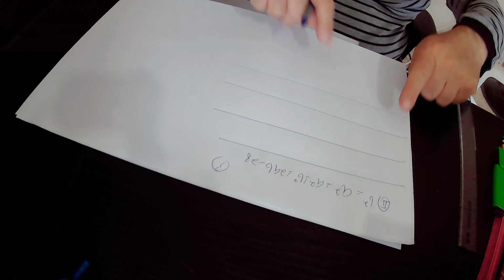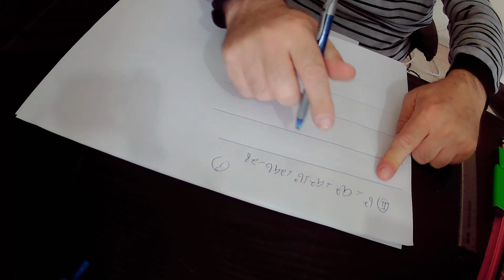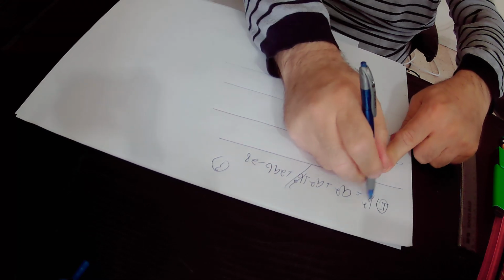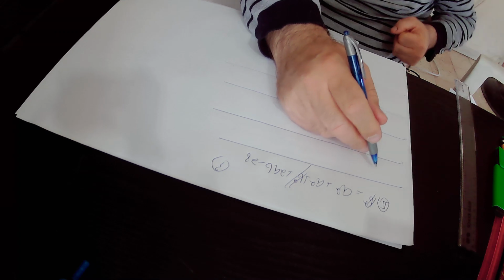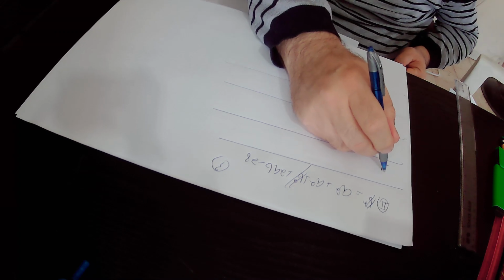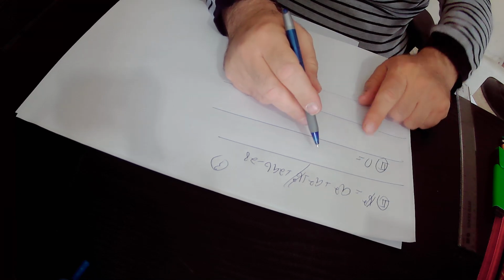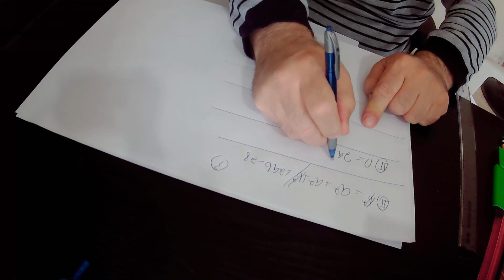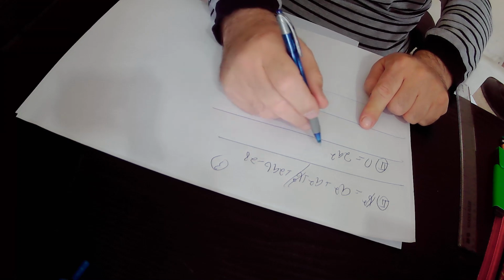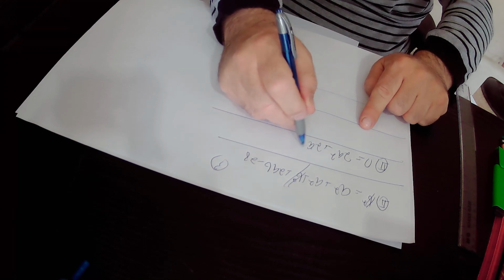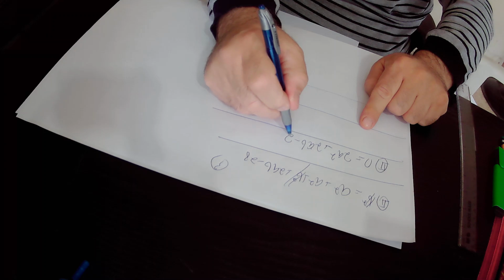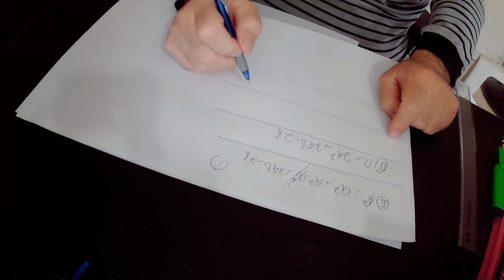Here we have b squared on both sides of the equation, so b squared will get cancelled. After we cancel b squared, on this side of the equation we are left with nothing, that is to say 0. And 0 equals a squared plus a squared, which is 2a squared, plus 2ab minus 28. This is according to equation 2.